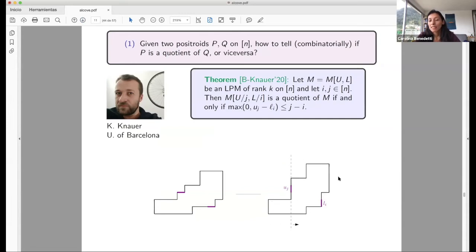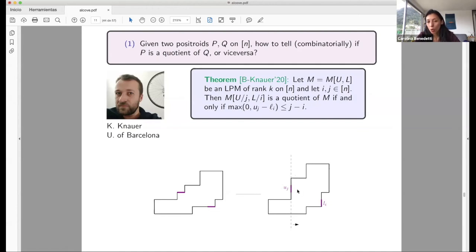On the right-hand side, you have a lattice path matrix on n elements of rank k. And to construct all the possible quotients derived from it, the quotients of rank k minus 1, you do the following. You take a north step, one of the north steps here, which I labeled U_j.